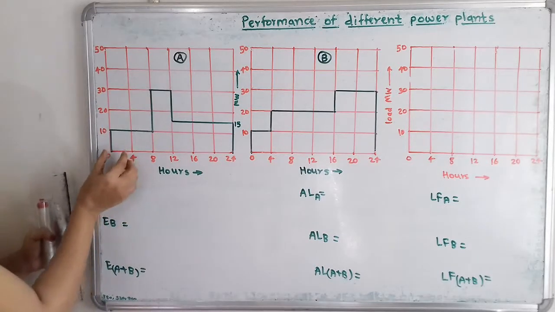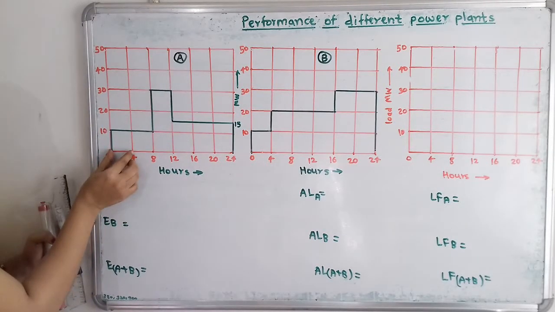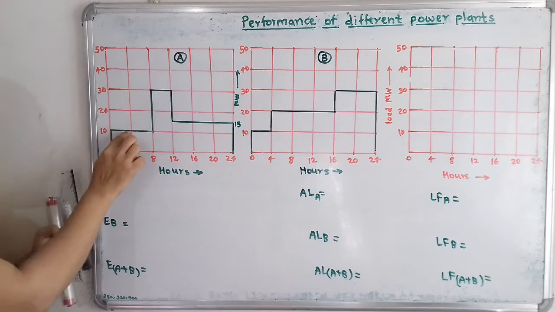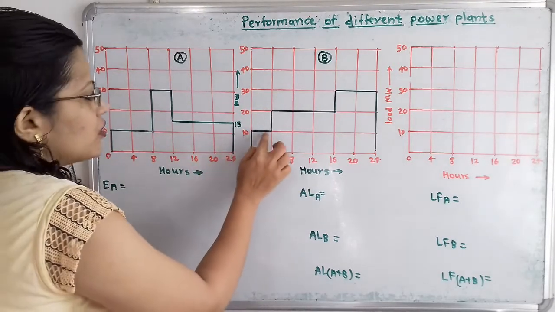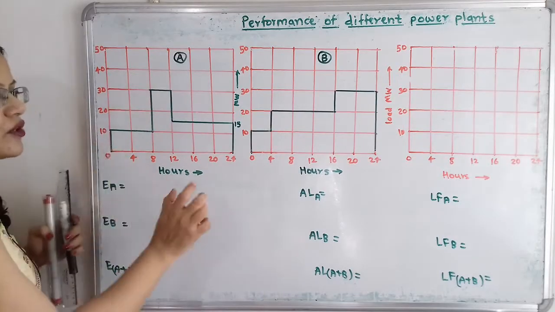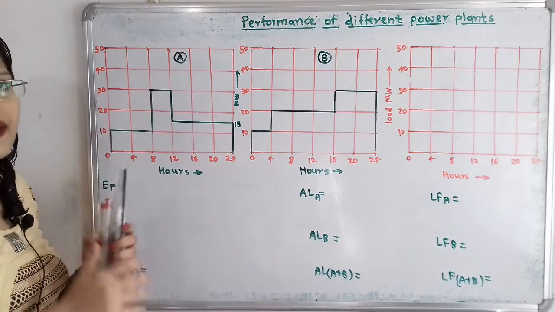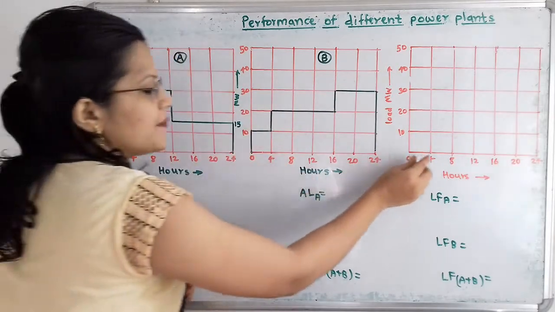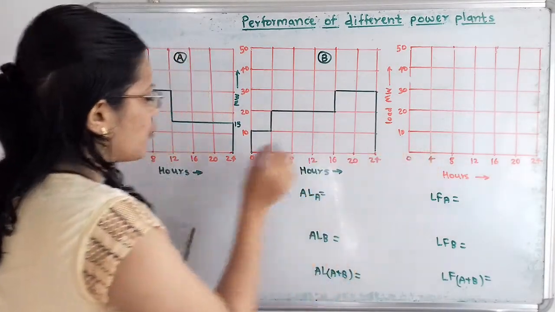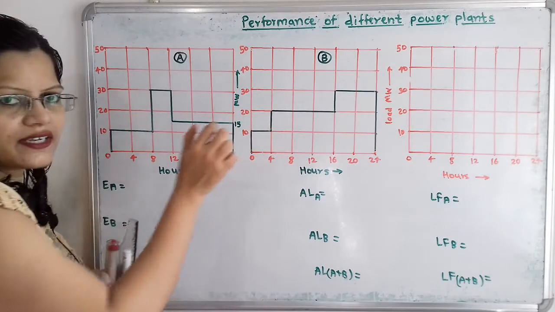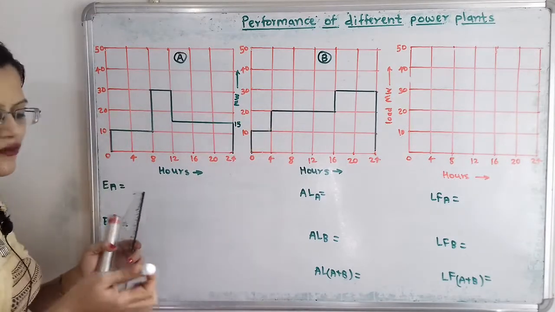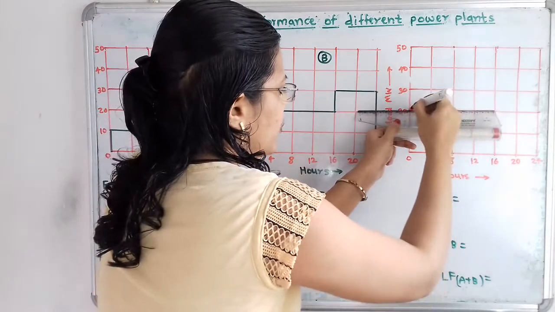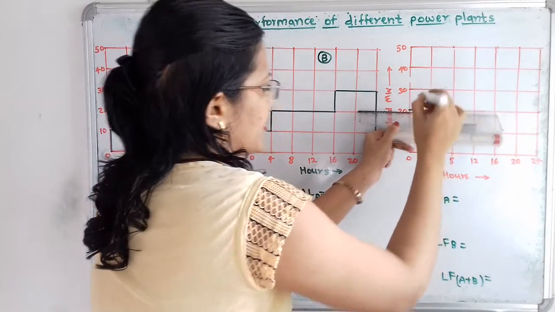Now if we observe the duration between 0 to 4, for consumer A the load is 10 megawatt, and here also the load is 10 megawatt. So when power is supplied to both consumers, between 0 to 4 this is 10 plus 10, that is 20 megawatt we have to supply. So I will make the line for 20 megawatt.